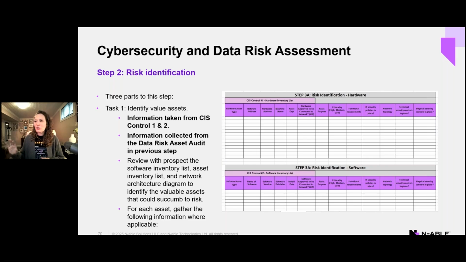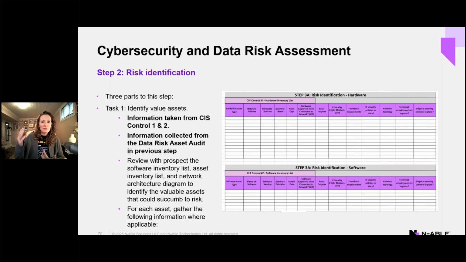So I've actually created in the workbook 2 versions of this chart for the 2 different types of assets that you're going to be assessing. So software applications that the key stakeholders rely upon, and the hardware assets that the organization relies upon. And then for each asset, again, trying to fill out, what's the purpose of the asset? Why is it important? How critical is the asset to the functioning of the organization?